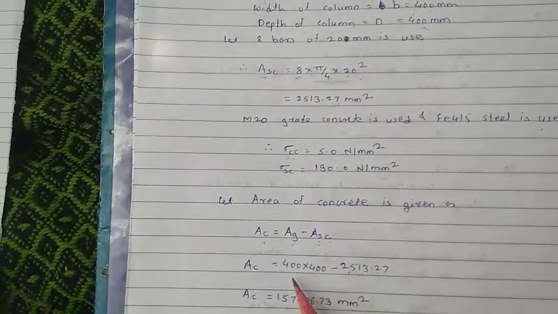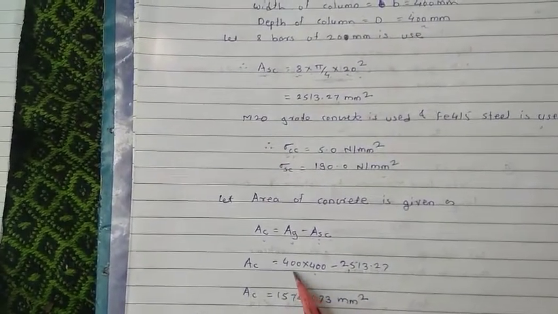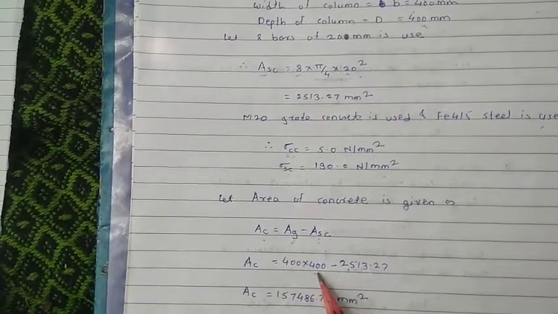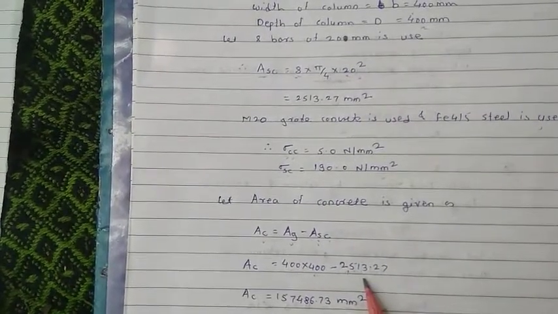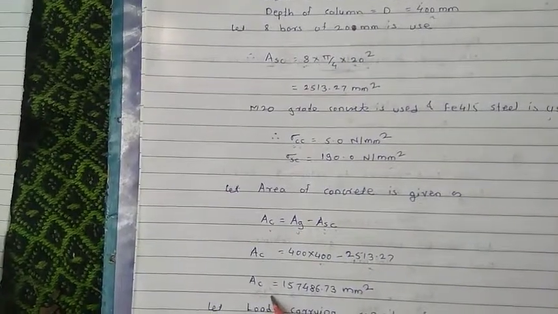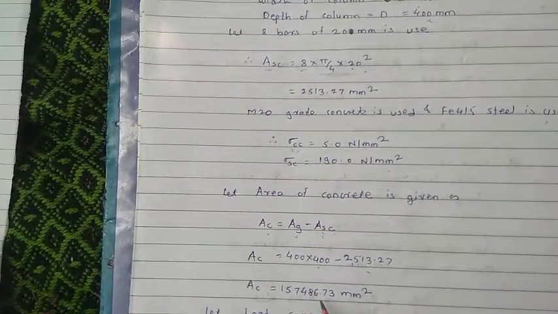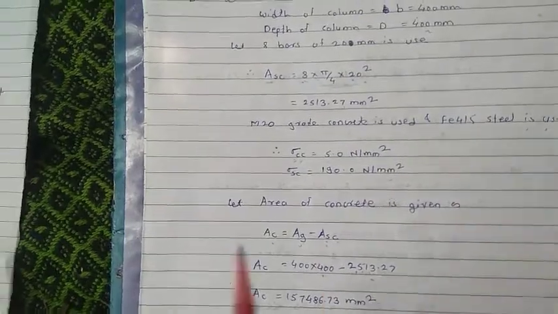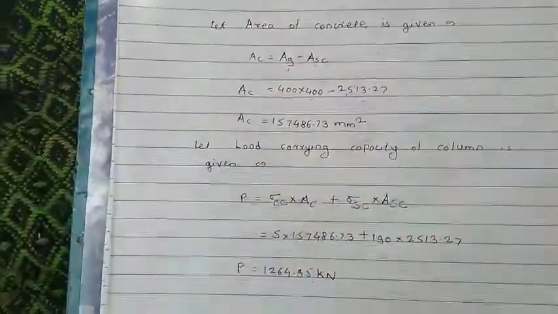So gross area of the column is nothing but the size of the column, that is 400 mm multiplied by 400 mm, minus area of the steel reinforcement bars. After simplifying this one, we are getting the net area of the concrete, which is equal to 157486.73 mm square.